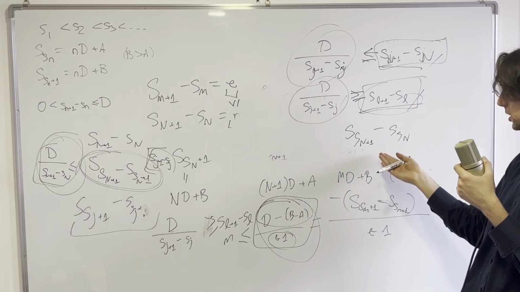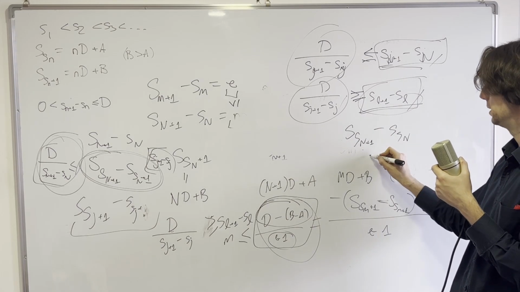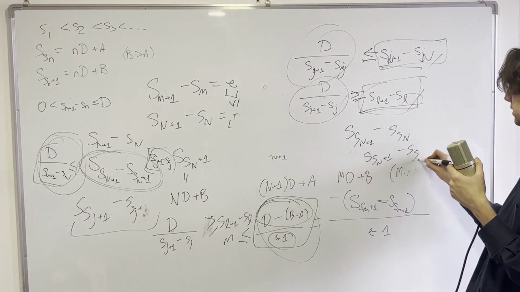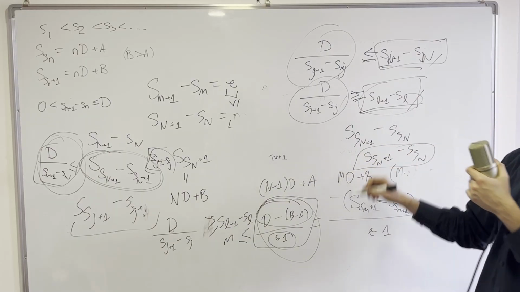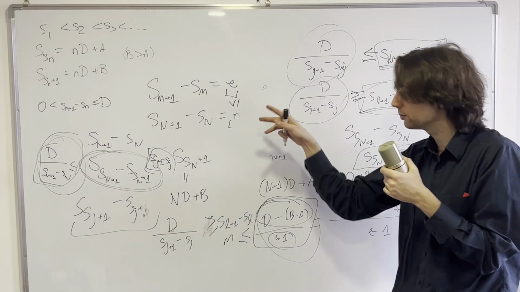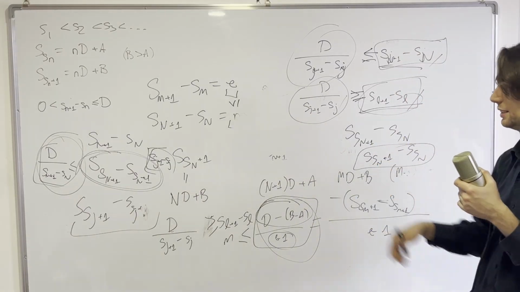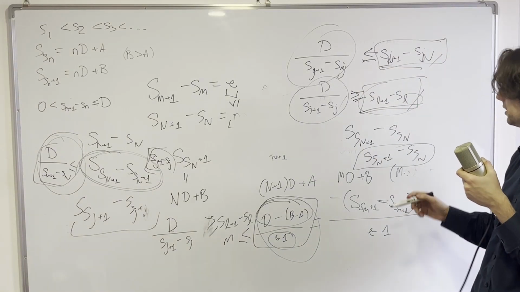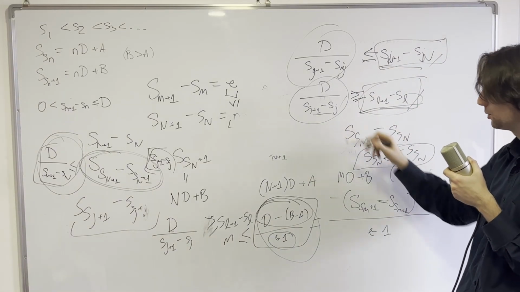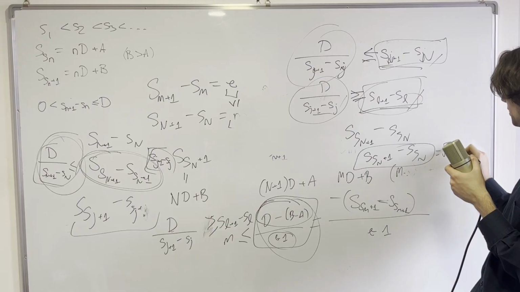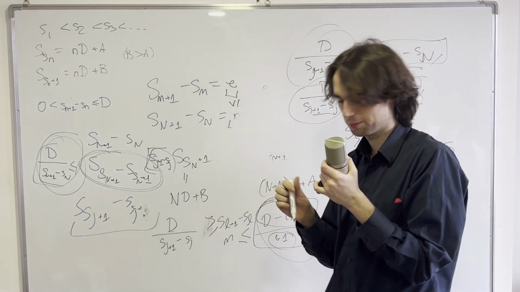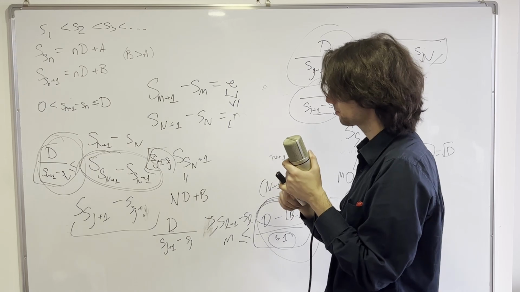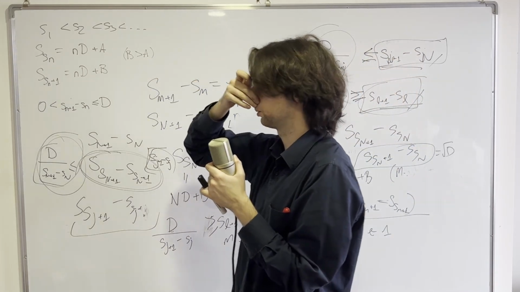And the first difference, mainly, is S of n plus 1 minus S of n. And this thing is constant throughout, because the difference between these two members of a sequence is a constant. And here we'd get that this is equal to the square root of d. And from there we'd finish up. Because if it's a constant here, then this constant is equal to the square root of d.